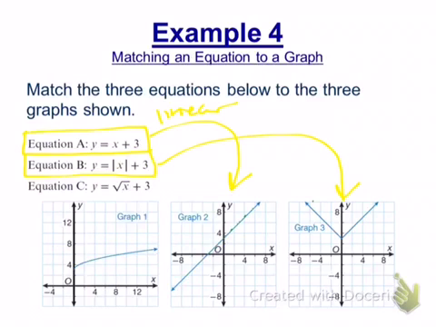This looks linear, doesn't it? It almost looks linear. y equals x plus 3, but it's not x plus 3, it's the absolute value of x plus 3. So look at the relationship between these two graphs. This one takes the negative parts and flips it right up. That's exactly what it does.